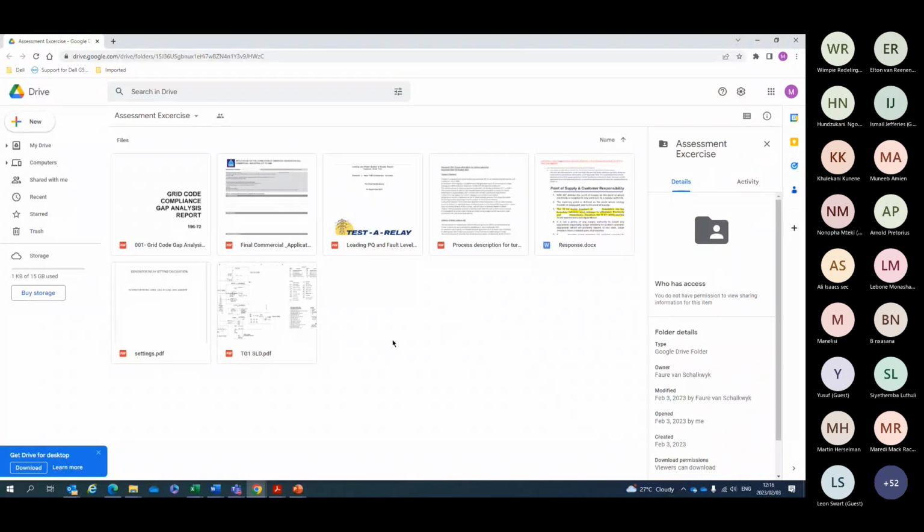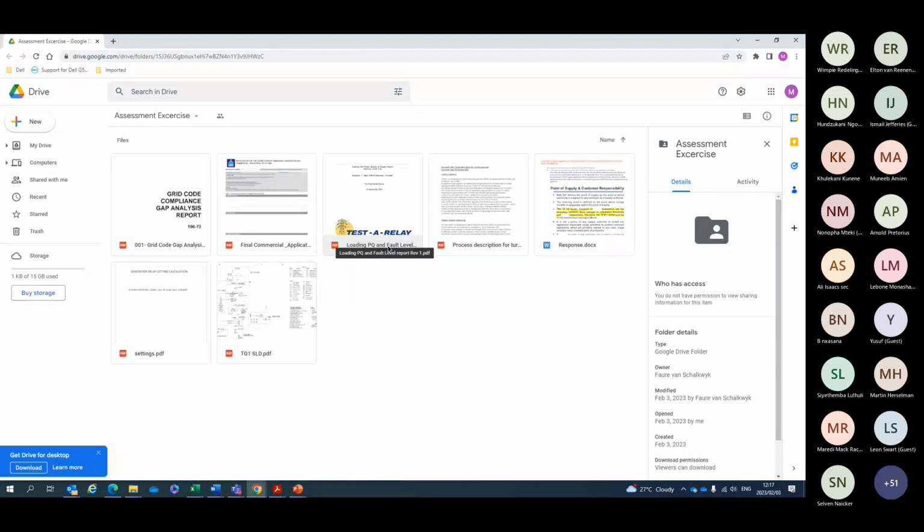Okay, so the first thing is this one is the application form. So look through it, and is that acceptable? There is a grid code gap analysis report. So that obviously would fit in with the grid code aspects. Then the test a relay, loading, power quality and fault levels.